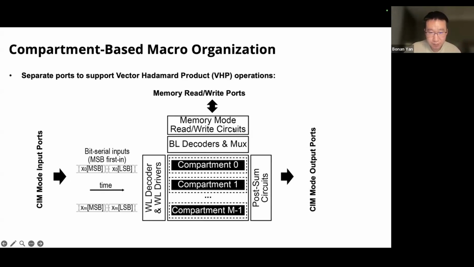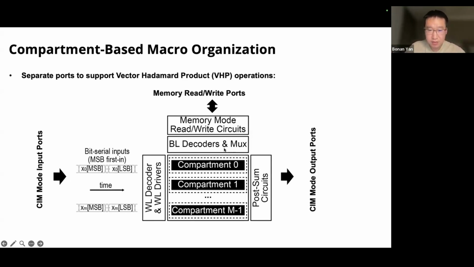We can see the structure of the macro design. In the middle, we split all of the bit cells into different parts. We call these parts compartments, so there are a lot of compartments there, each composed of bit cells.